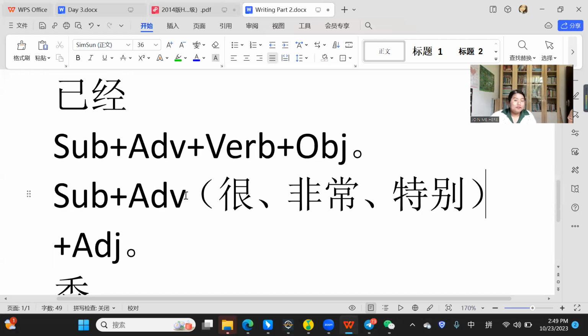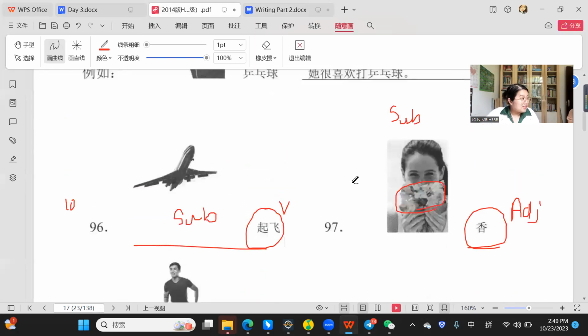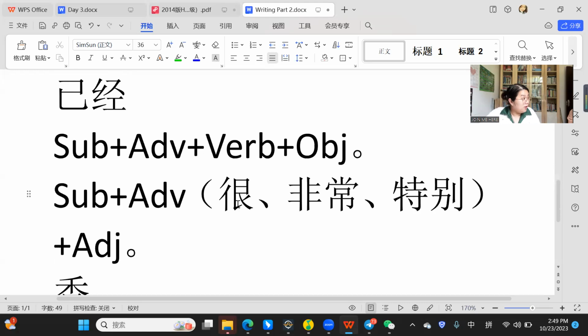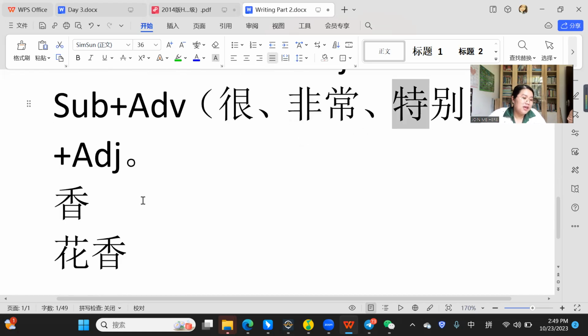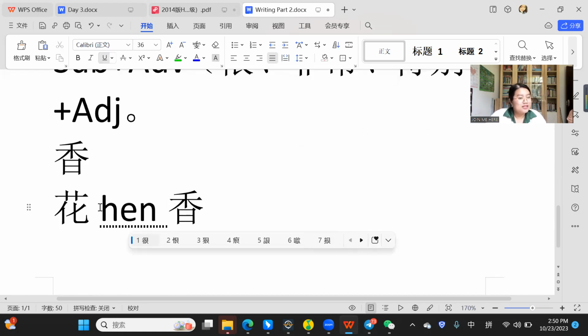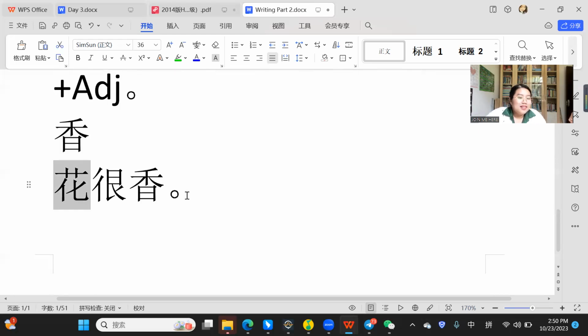Because if there are 5 words in the exam, 3 words will be adjectives. And if you use 很 for all 3 words, it will be tiresome to see. So it's better to use sometimes 很, sometimes 非常, or sometimes 特别. So 花很香. Is it okay? Yes. So easy, right? You can get maybe 3 marks because only 3 words become one sentence, right? Yes. So you have to put 定语.